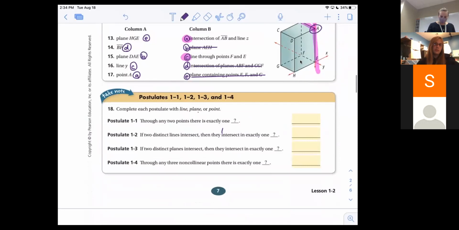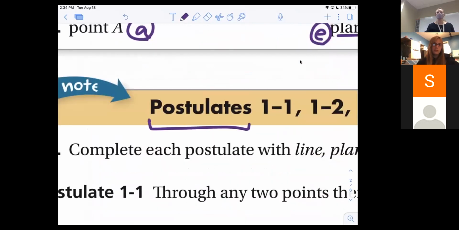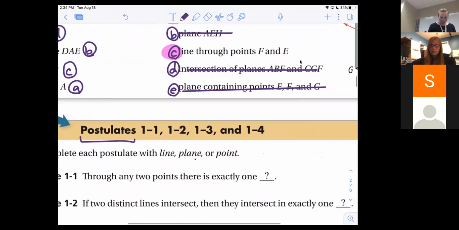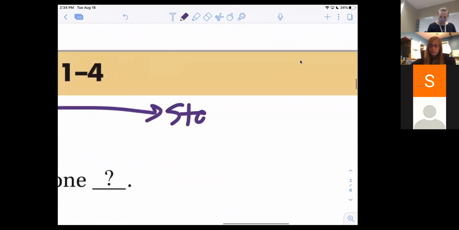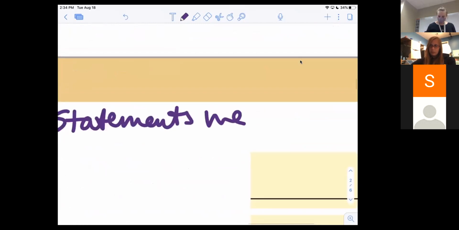This is postulates. So postulate is probably a new word. Is that anything anybody's heard yet? Postulates are like theorems. They are statements we assume are true.